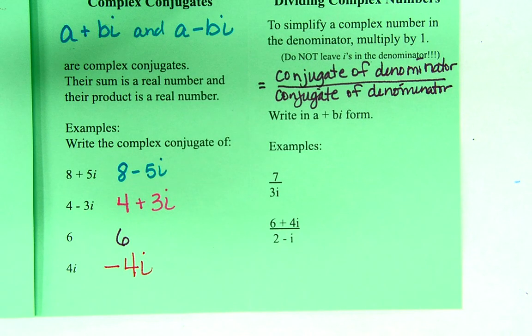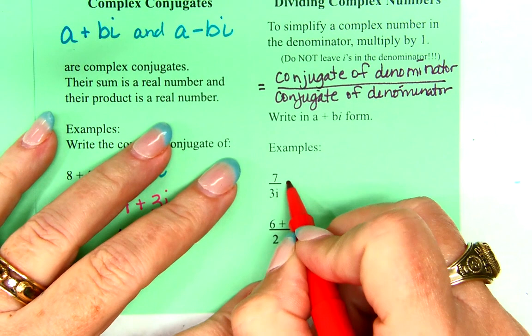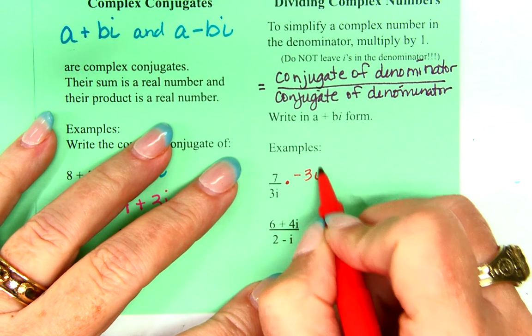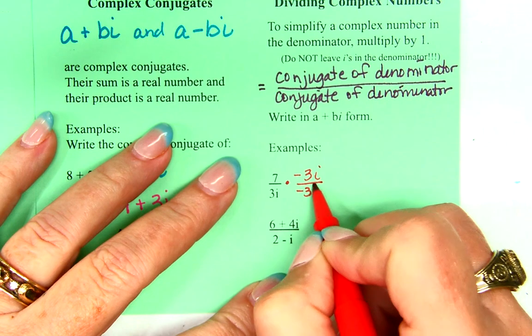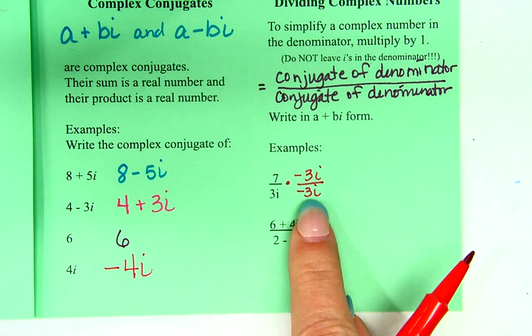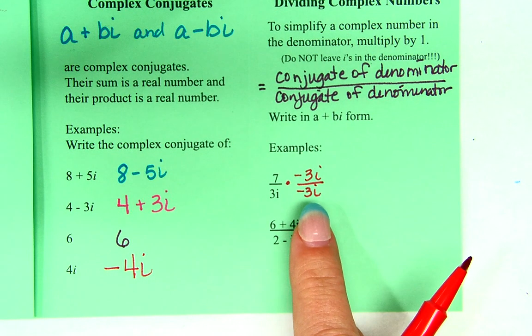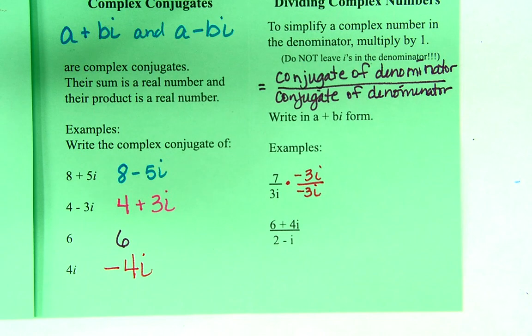first I have to decide on the conjugate of my denominator. What's the conjugate of my denominator? Negative 3i. And then I'm going to multiply both numerator and denominator by that conjugate. Because isn't the value of this fraction 1? Yes, okay.